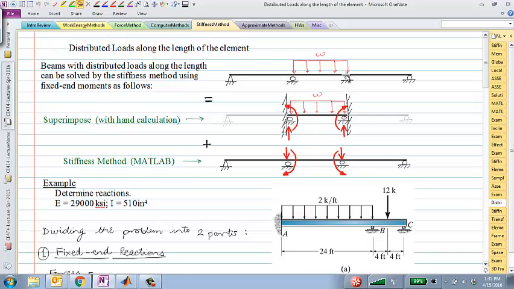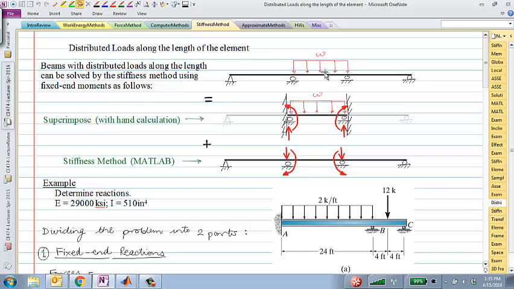So the way we approach problems which have distributed loads, and it doesn't really matter whether it's a constant distributed load or some sort of a linear or some random distributed load, as long as you have a distributed load, the way that we approach this problem is by actually breaking it up into 2 subproblems.